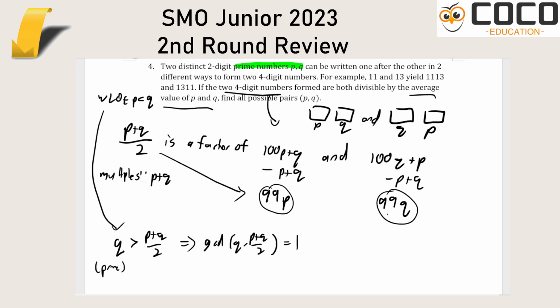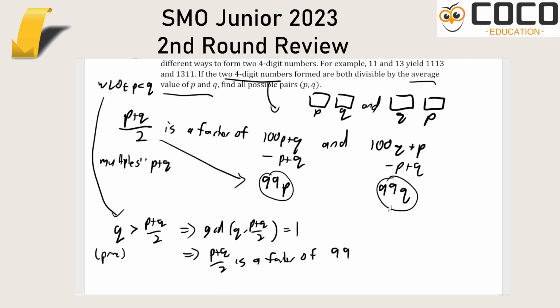And if it's not helping, that means that (P+Q)/2 is a factor of 99, which is a number, and that is always our objective. We always want to get to a number. So (P+Q)/2 is a factor of 99.